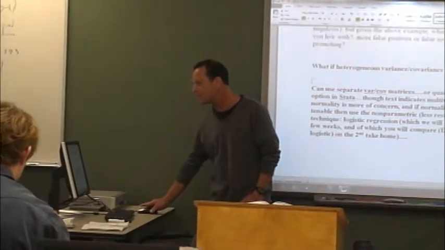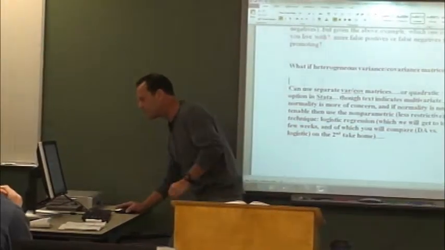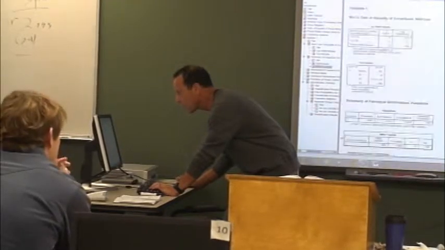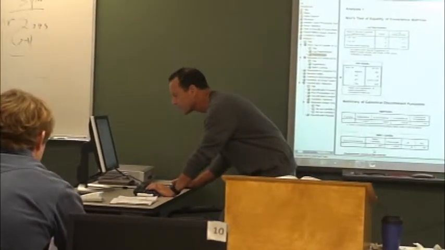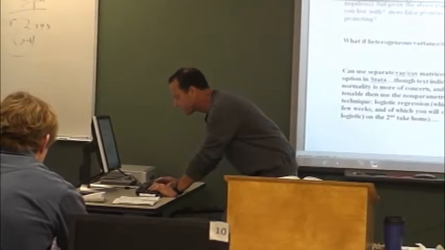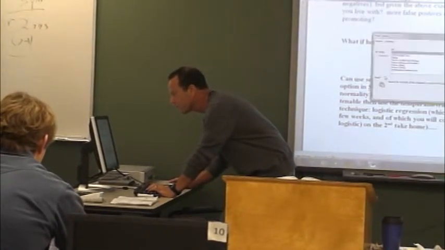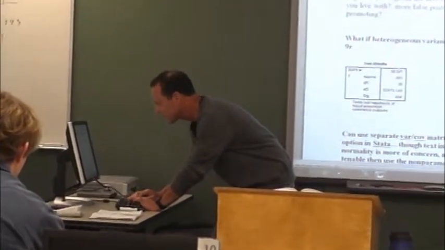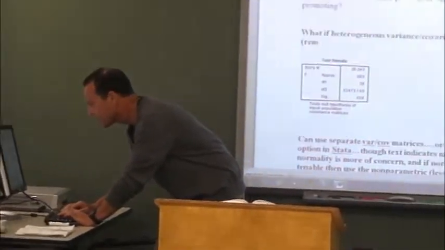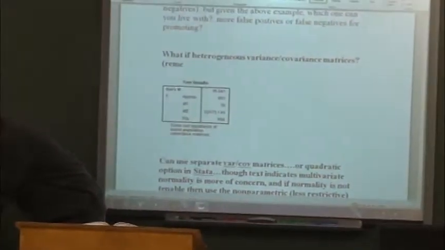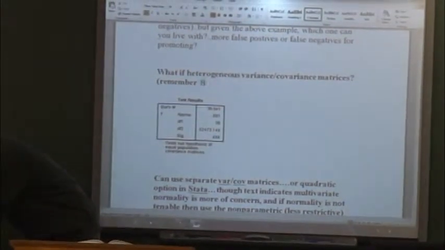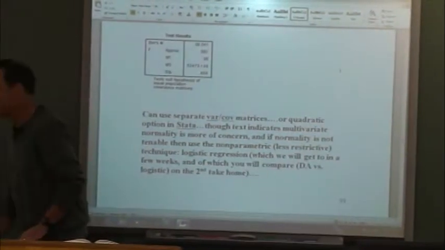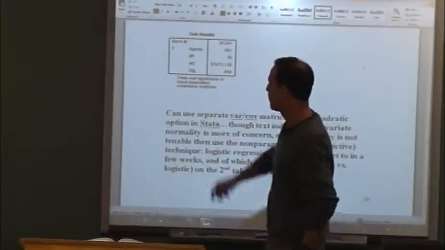Now, what if you have heterogeneous variance covariance matrices, right? What if, looking at, for instance, good old Box's M, right, keeping in mind, remember Box's M. For this one, when I added age and income, happy or sad, with a p of 0.484?